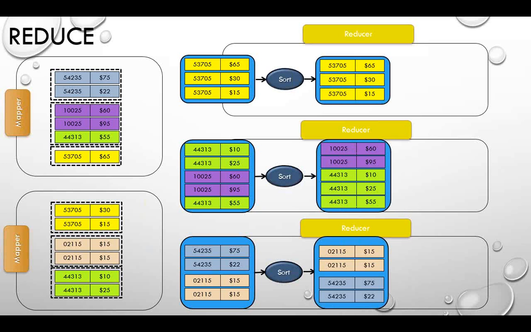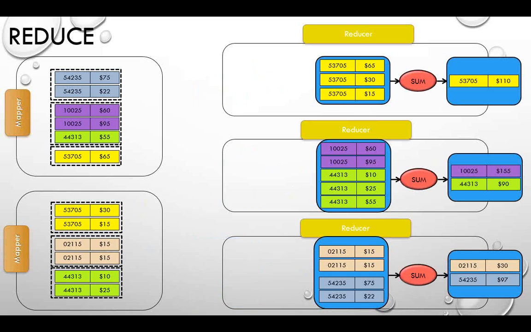And then it's going to sum the data based on the zip code, and once that's done, it returns the output. So this is how MapReduce works in the Hadoop architecture. Let me move on to the next slide.